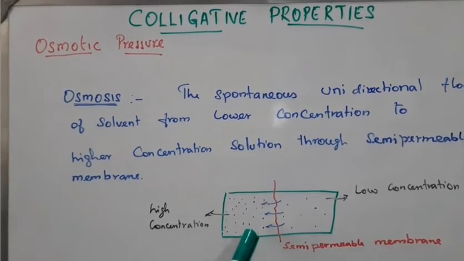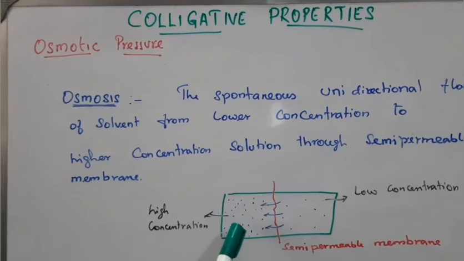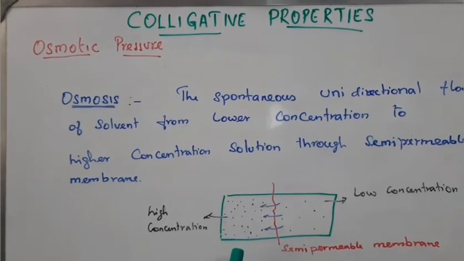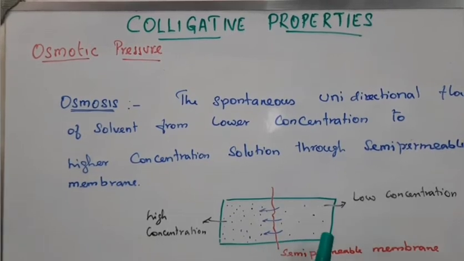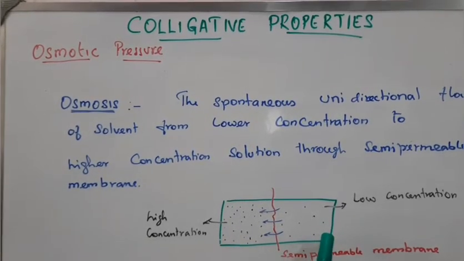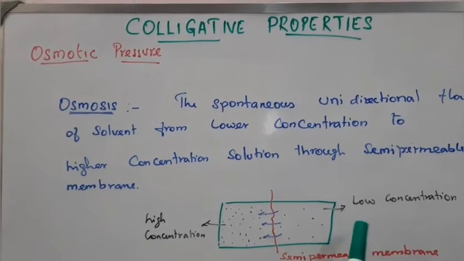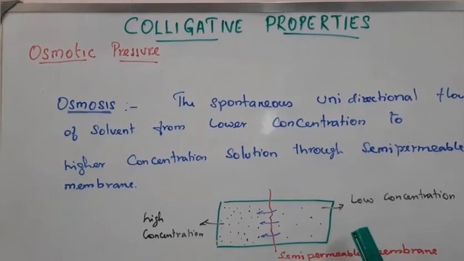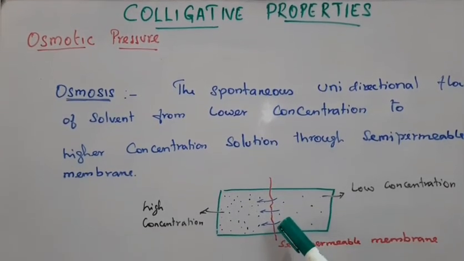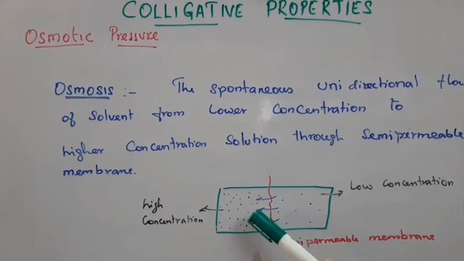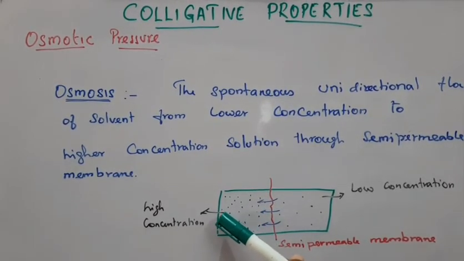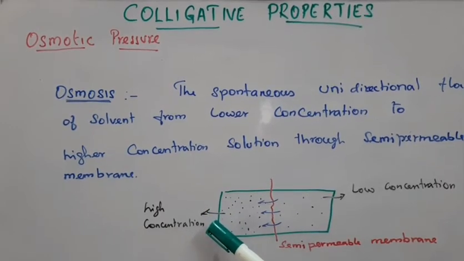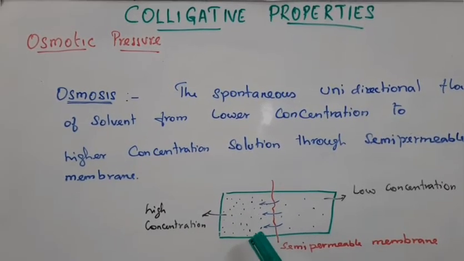On one side we consider a high concentration solution, meaning both solute and solvent. On the other side, only solvent, the low concentration. The solvent passes through the semi-permeable membrane from lower concentration to the higher concentration solution. This process is called osmosis.